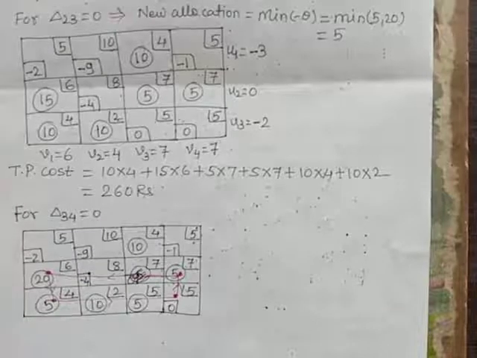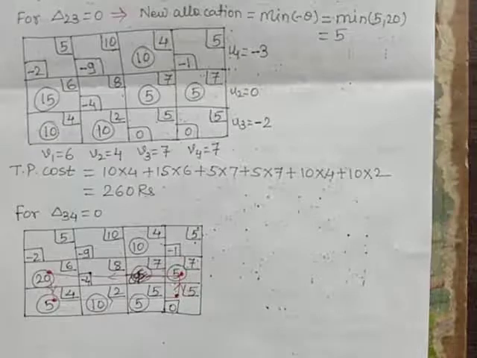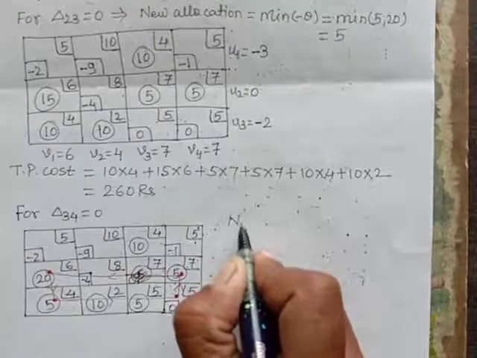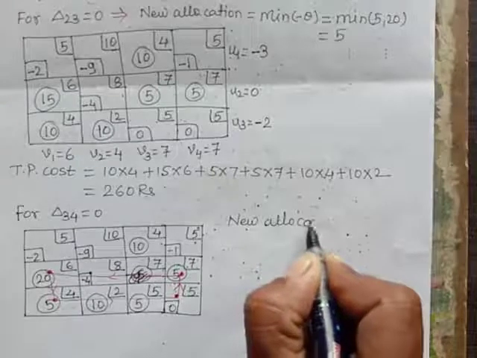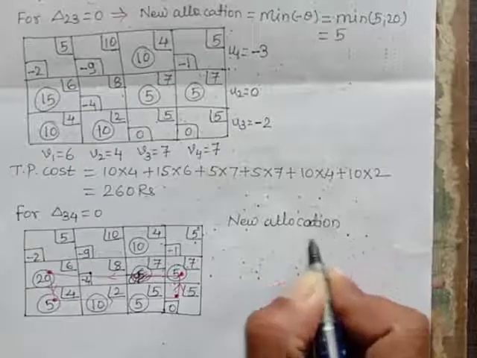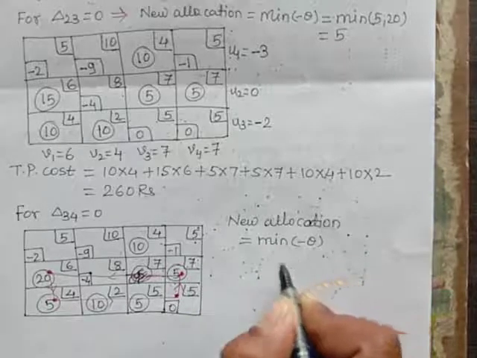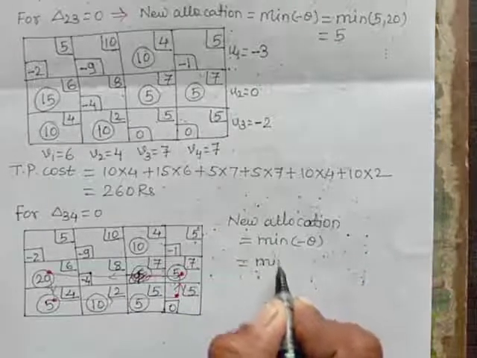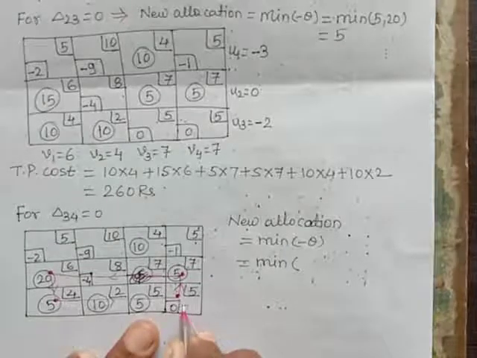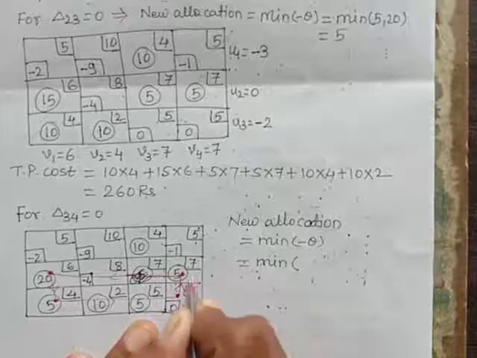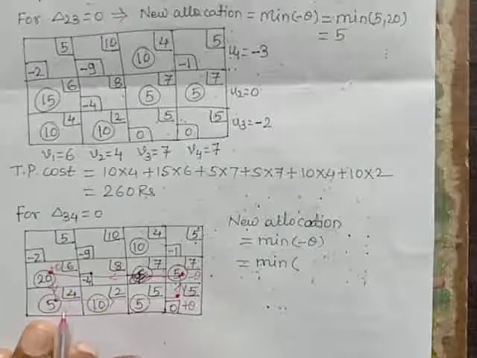So now, according to the loop, let me form the allocations. For that, new allocation equal to the minimum of minus theta equal to the minimum of, here let's write plus theta, it is minus theta, again plus theta and minus theta.